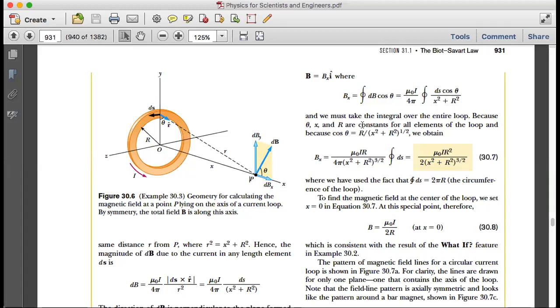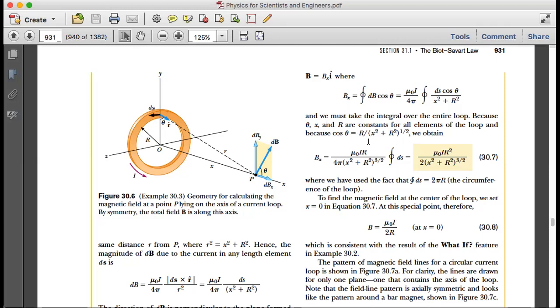So we get this ds only 2 pi r. And this cos theta, from the law of cosines, is r over the square root of x squared plus r squared.